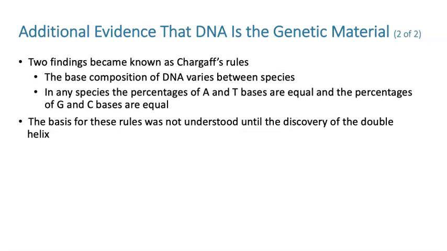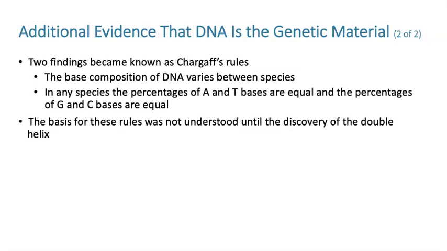So no two species have the same number of A's, T's, C's, and G's. But what he also found, which was very interesting, is that in any species, there is a particular percentage of A's and T's and a particular percentage of C's and G's.